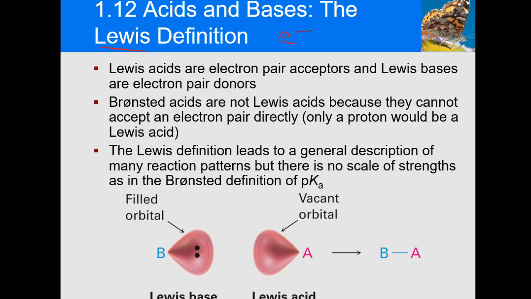The reason is because, once again, Arrhenius only explained H plus and OH. Bronsted started explaining more about different molecules that aren't obvious that have an OH, like ammonia. But then Lewis wanted a way of describing everything, including chemical reactions that don't even involve H plus ions or hydroxide ions.